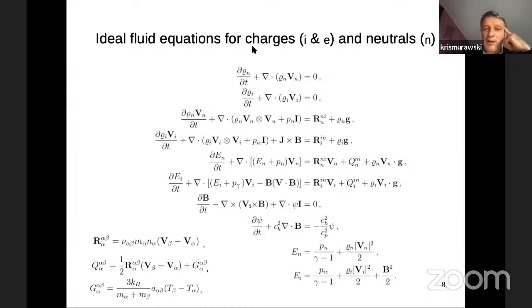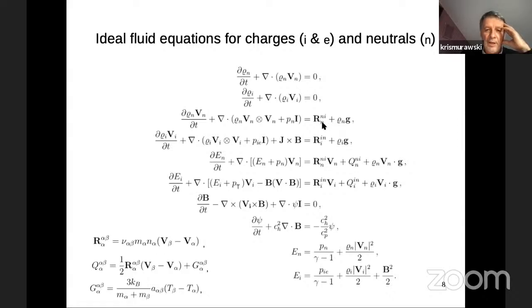Our model is the simplest conceivable, but still it is better than a magnetohydrodynamic model, which describes ions. So we have neutrals and ions, with conservation of mass equations, and these neutrals and ions interact with each other through collision forces.